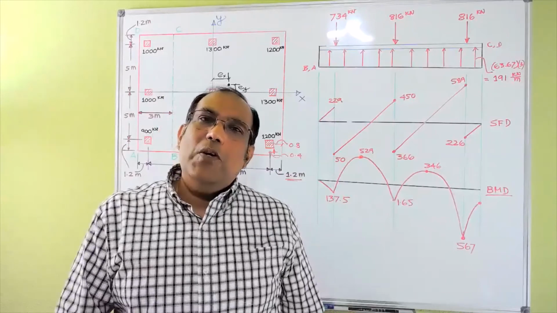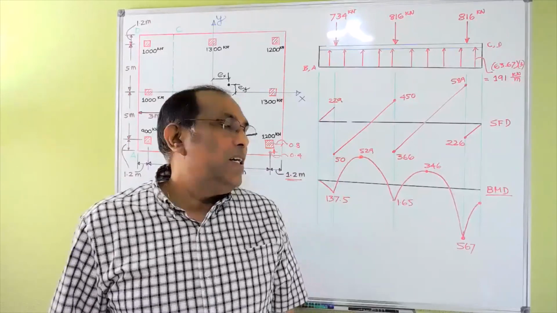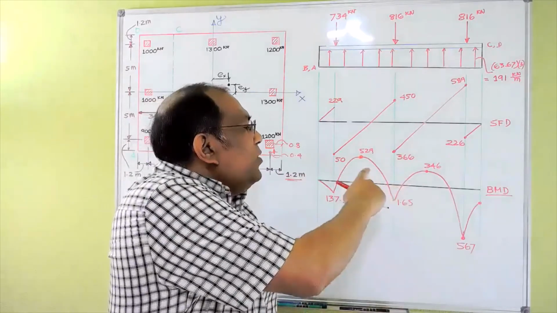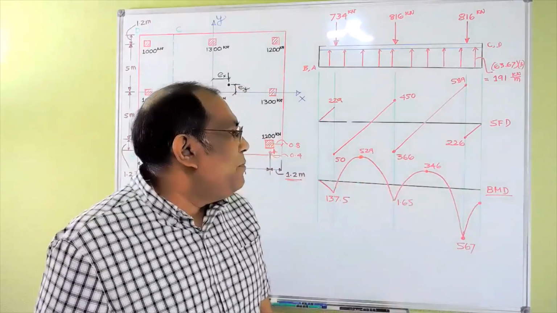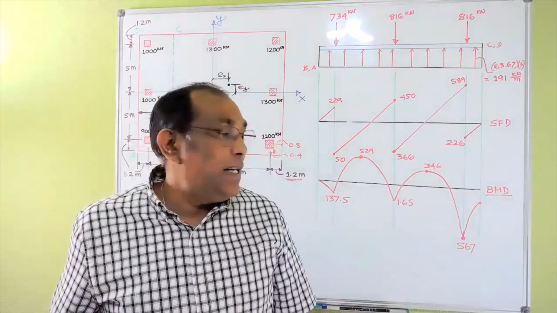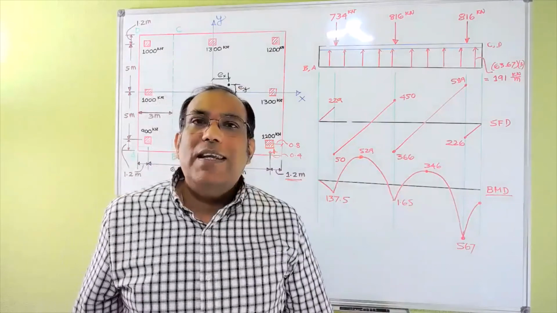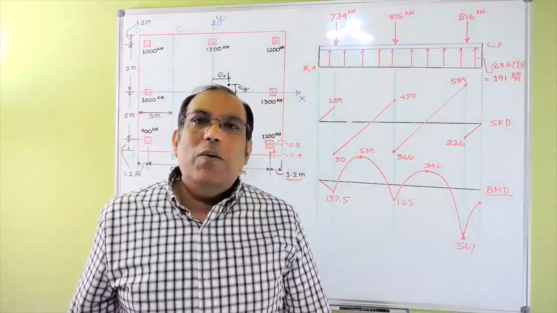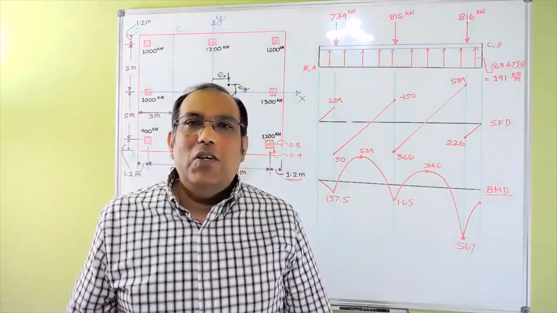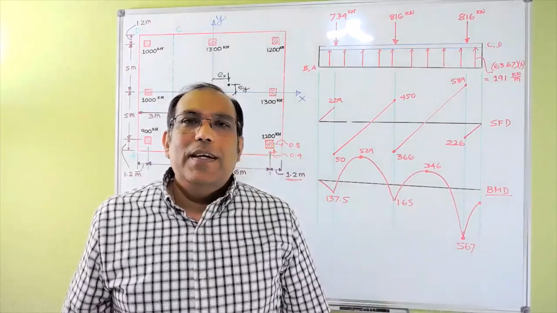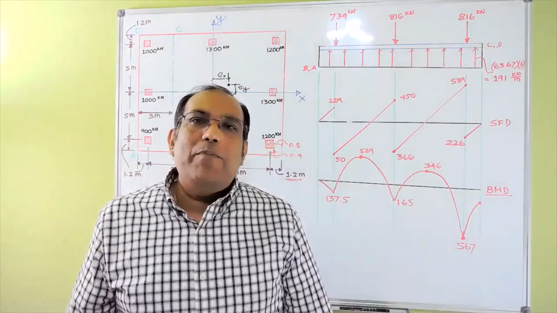But the most important thing from that area is that the maximum positive moment is 529 and your maximum negative moment is 567. That's the thing you have to consider when you design your reinforcement and slab thickness and all other things.